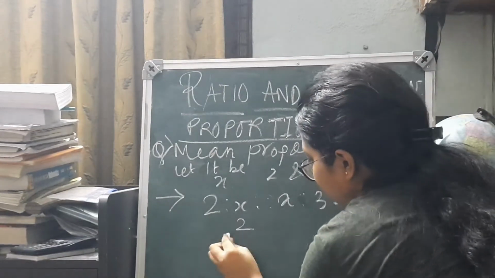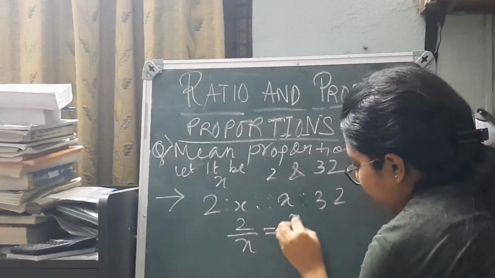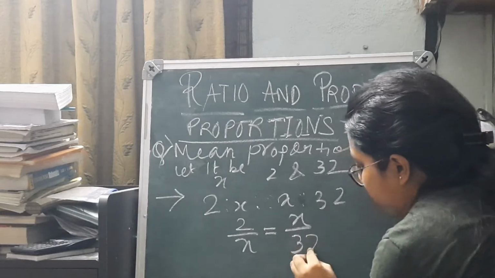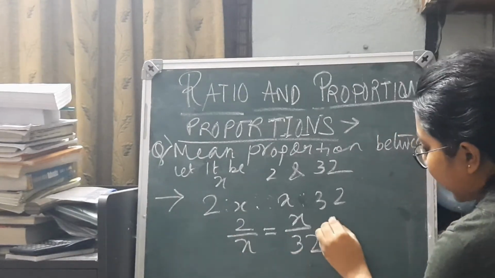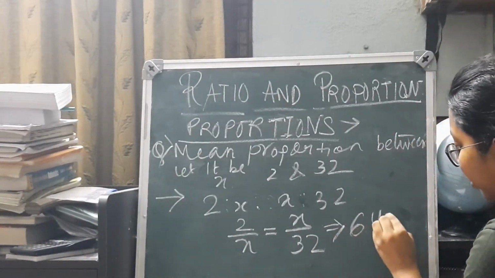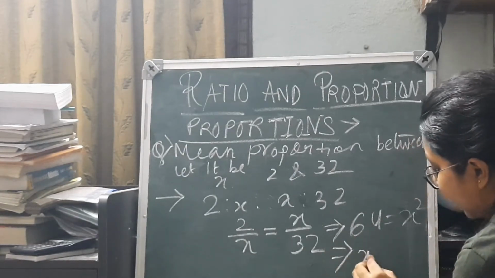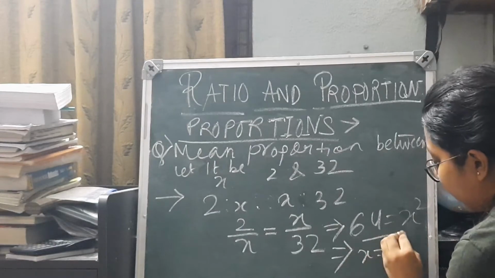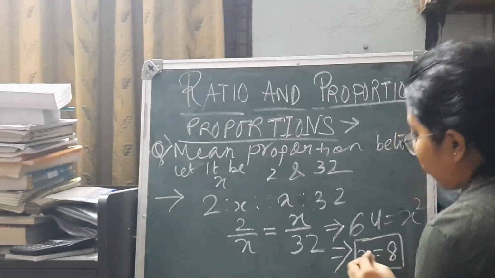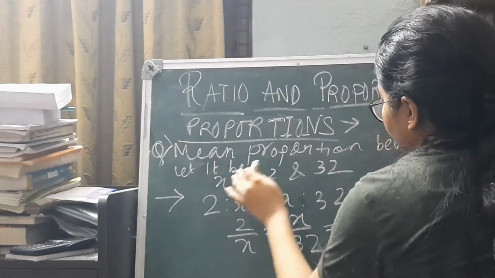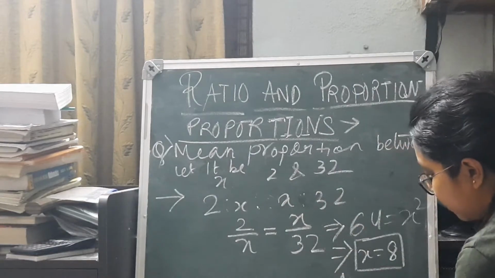That means 2 by x is equal to x by 32. If we go for cross multiplication, we find that 64 is equal to x square. That implies x is equal to 8. So the mean proportion between 2 and 32 is 8.